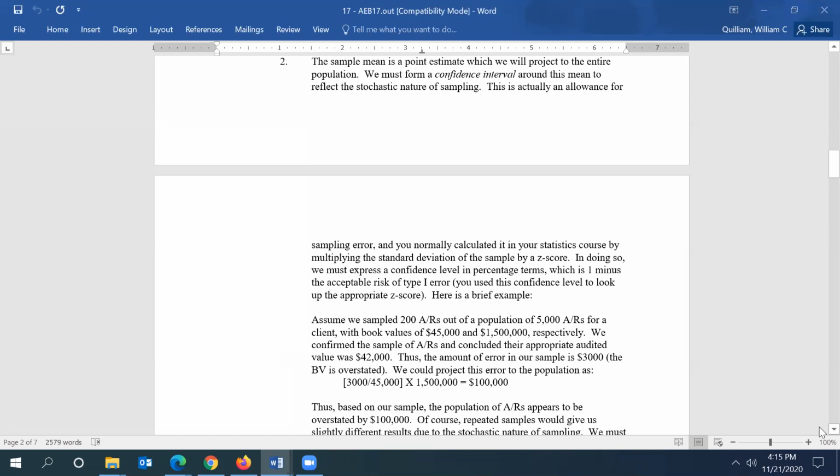So with the so-called confidence level, we would have either 90% if we had an acceptable risk of type 1 error of 10%, or if the acceptable risk of type 1 error happened to be 5%, we had a 95% confidence level, or, excuse me, if the acceptable risk of type 1 error were only 1%, we had a 99% confidence level.